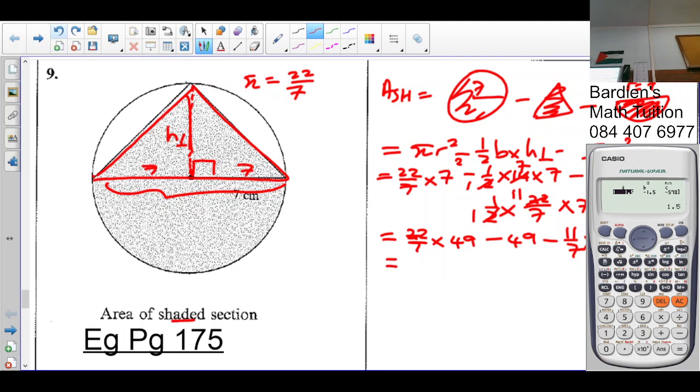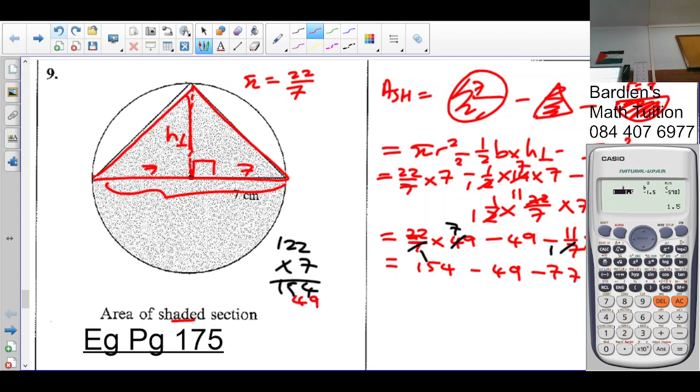Okay, so that's going to give you 7 going into 7 once, 7 going into 49 7 times, so it's 22 times 7, which is 154, minus 49, minus 7 going into 7 once, 7 going into 49 7 times, so it's going to be 77.